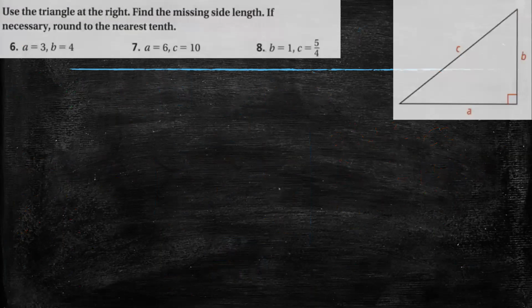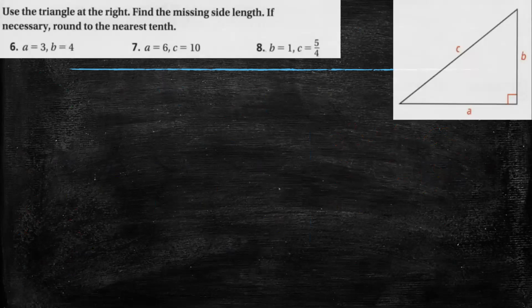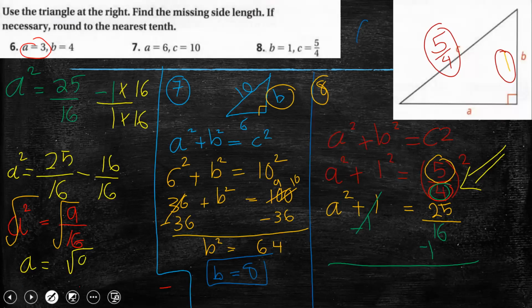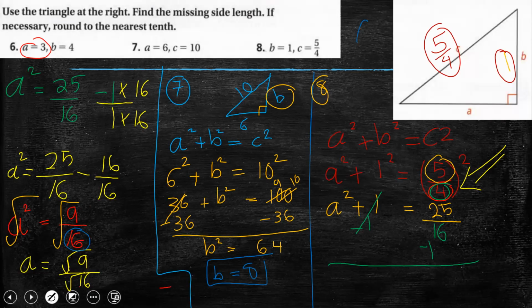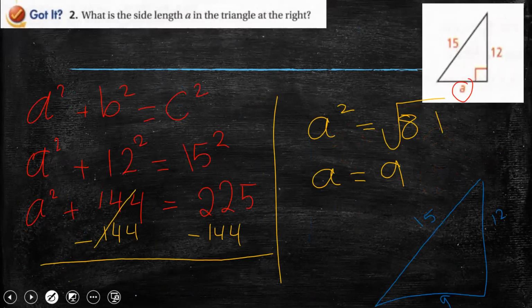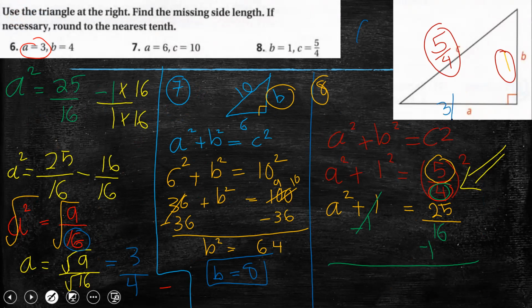The square root of 9 is 3. The square root of 16 is 4. Exactly. So A here will be 3 over 4.